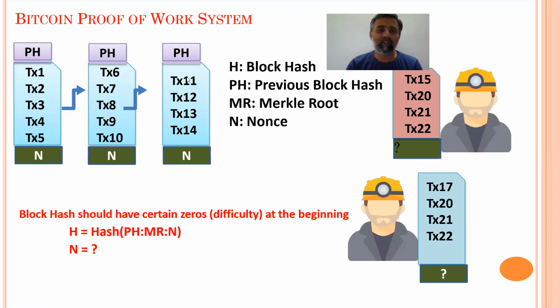As you know, we have a list of transactions in a particular block, some header information in the block, and in the header information we have the previous block hash, which works as a hash pointer to connect all the blocks, the Merkle root, and the block hash, the hash code of this block, and a nonce value.